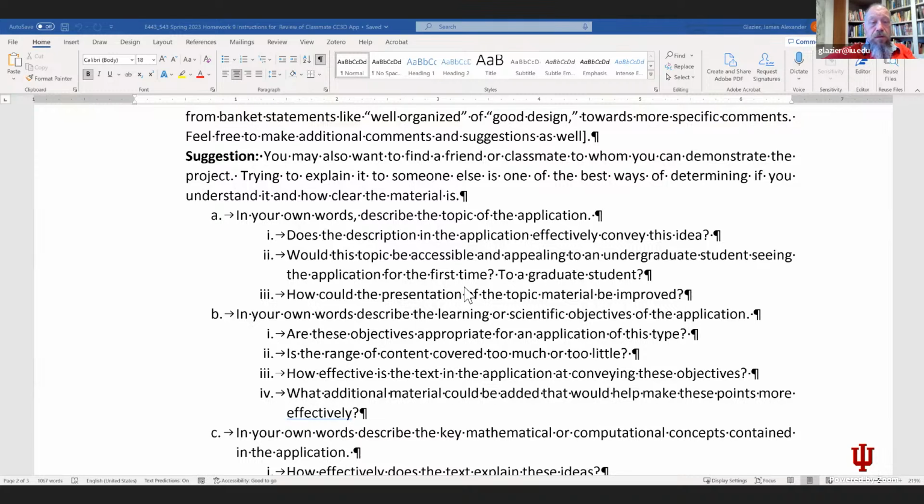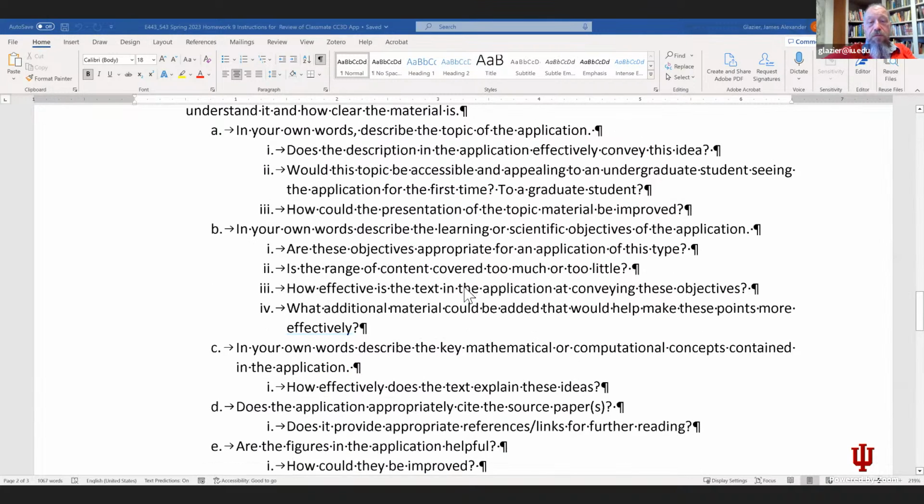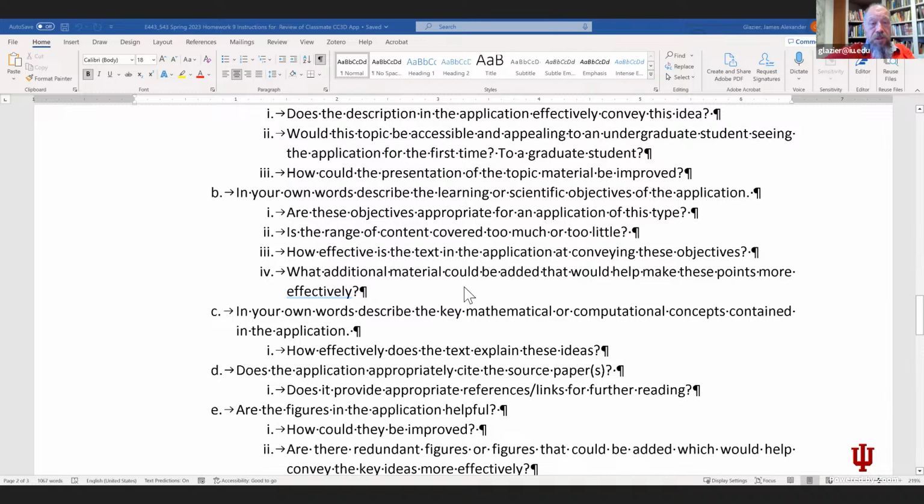Ask the question whether the materials that are being shown to you convey those ideas clearly and effectively and accessibly. Our targets are probably undergraduate students or early graduate students, and think about how you might improve that presentation to make it more accessible. Are the scientific and learning objectives of the application clear in the supporting material?